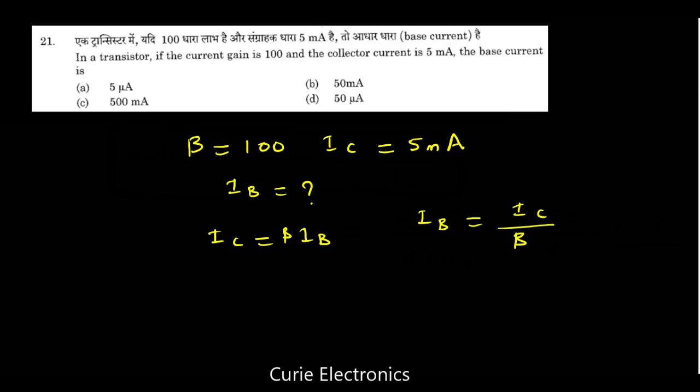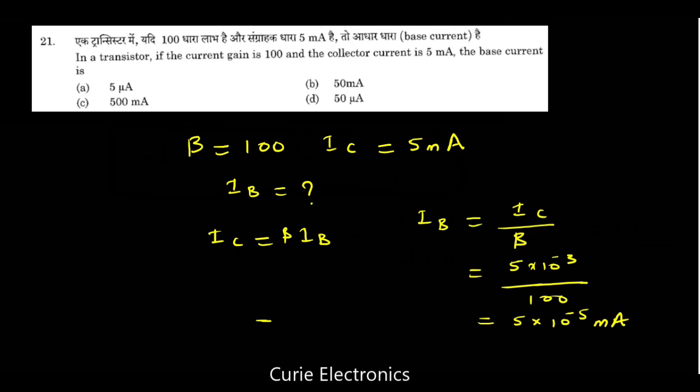which equals, what is the value for IC? 5 milliamps upon 100. So this 100, when you take it up, we can write it as 10 to the power minus 2. So it comes 5 multiplied by 10 to the power minus 5 amps. We don't want that; now we have to write it in microamps.